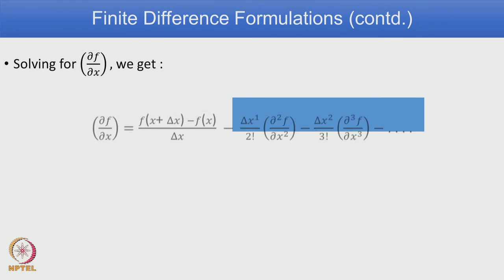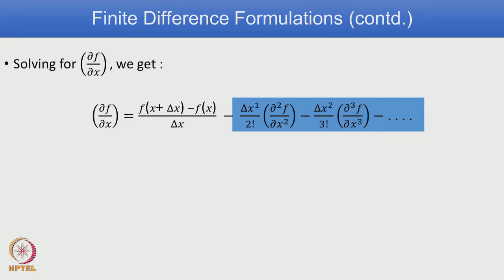So, if you solve for dou f by dou x, that formula is written here and all other terms are taken to the other side.